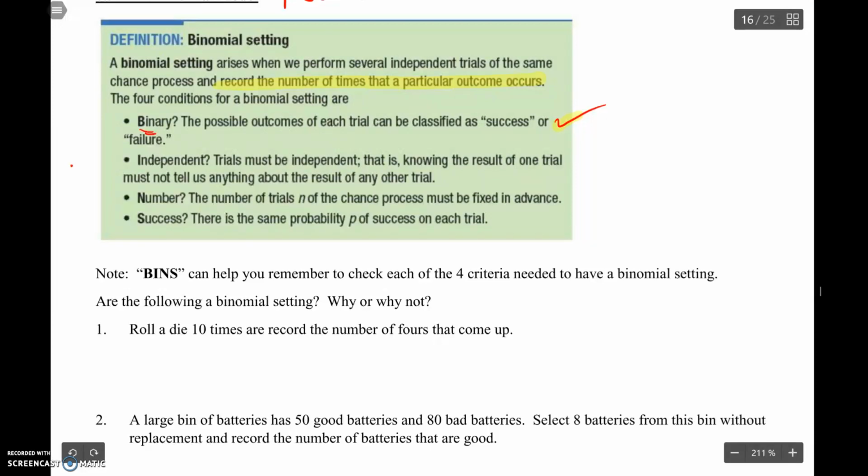N, the number of trials needs to be fixed in advance, so we're always going to do the same number of trials. And S, success, you have to have the same probability of success on each trial. That can't change. So sometimes we use the letters BINS to help us remember: binary, independent, number, and success.